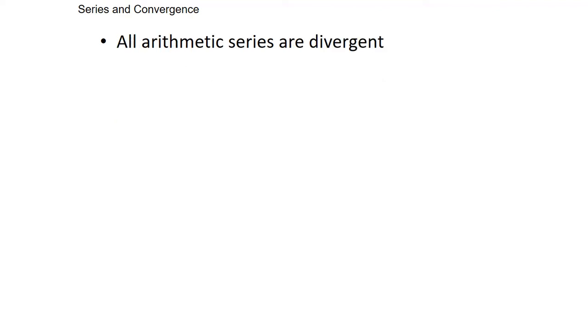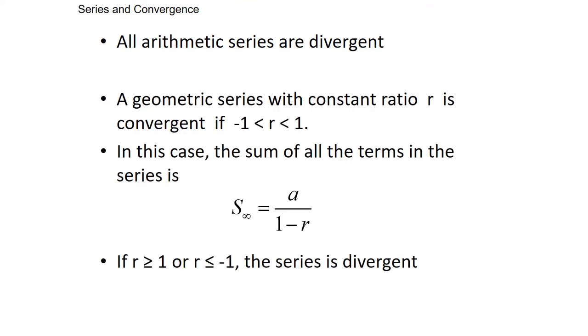Now, an arithmetic series is divergent. Either the terms become more and more positive, and it'll diverge off to positive infinity, or the terms become more and more negative, and it'll diverge off to minus infinity. Geometric series, however, are sometimes convergent and sometimes divergent. They are convergent if the common ratio lies between -1 and 1.